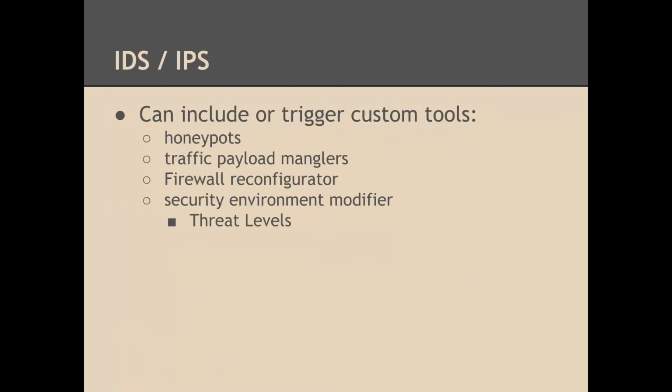So these can be interfaced with or can trigger various tools, including, there's a body of research into moving targets, where if you detect an attack, your DHCP server for your network can reassign everyone's IP address.